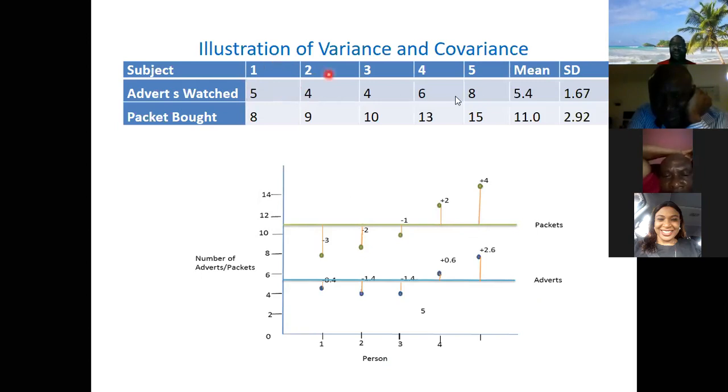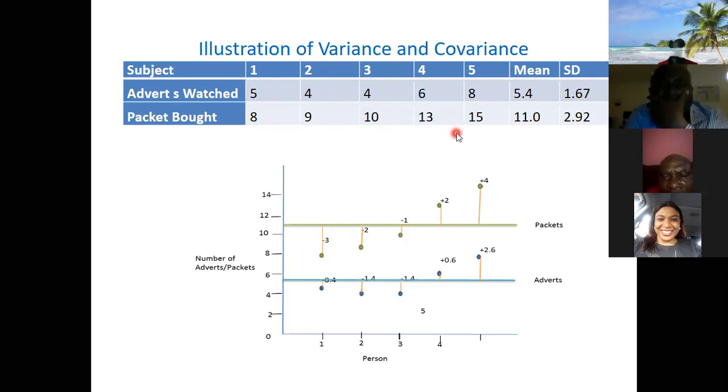We have 5 subjects, number 1, 2, 3, 4, 5, just for simple illustration. You see the number of adverts of that product each of them watched, and eventually the number of packets of the product each of them bought.